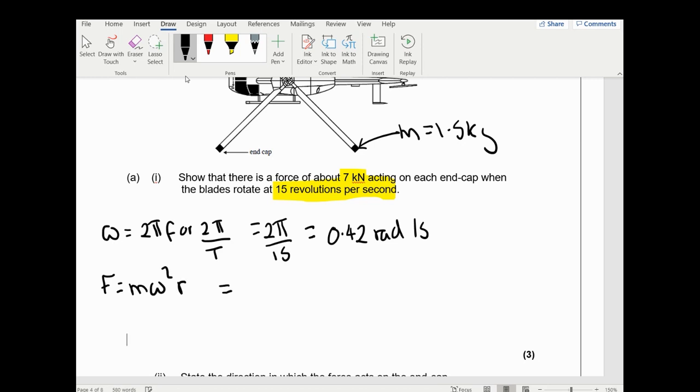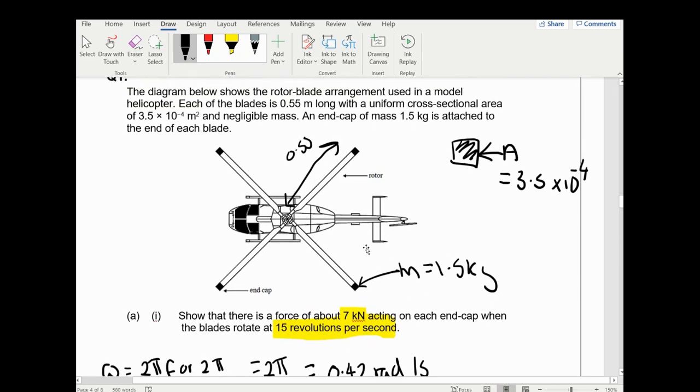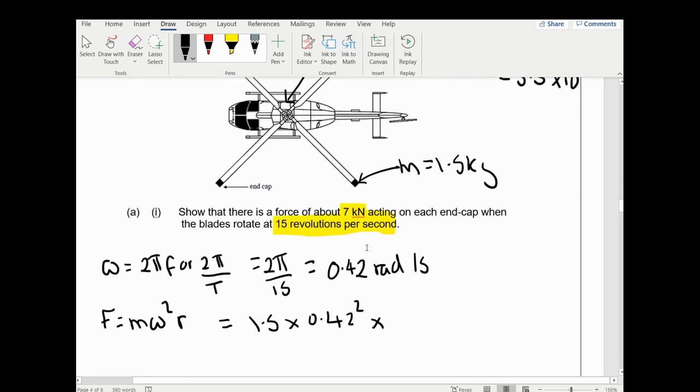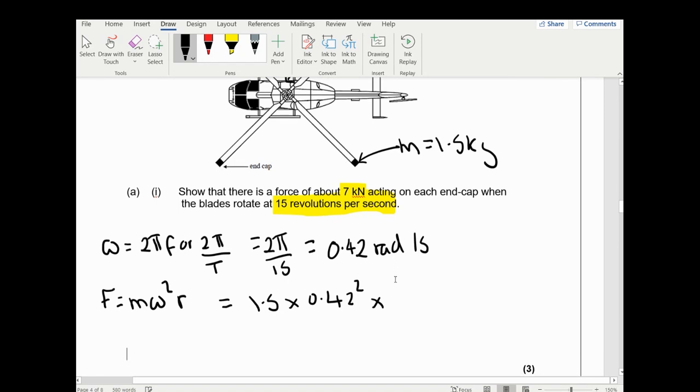So that's going to be 1.5 times 0.42 squared times my radius of 0.55. I do apologise, I actually made a mistake there.